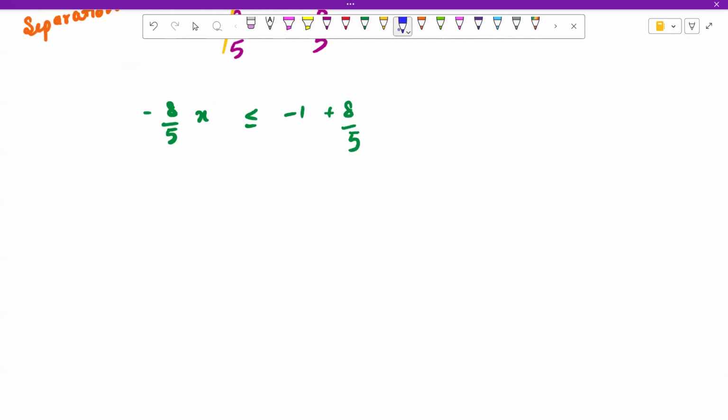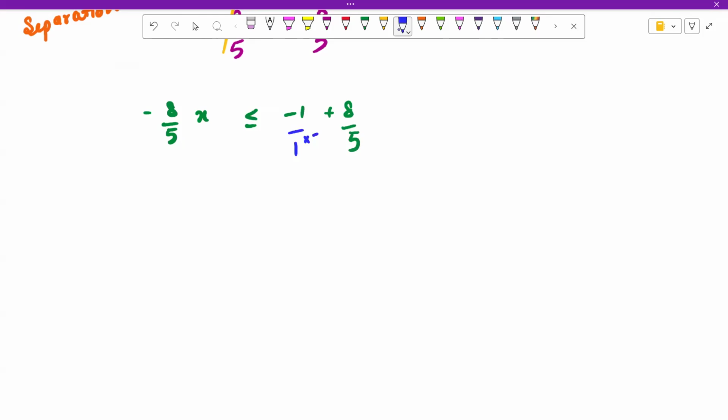We can do negative 1 plus 8 over 5. Yes. How do we solve it? The denominators are not the same. We can multiply by 5 on the left, so the top would be negative 5 and the bottom positive 5.